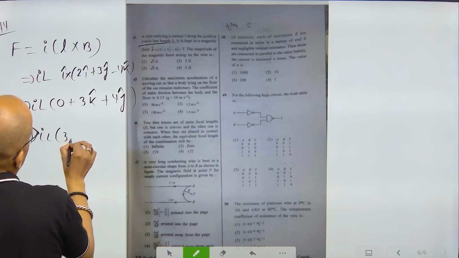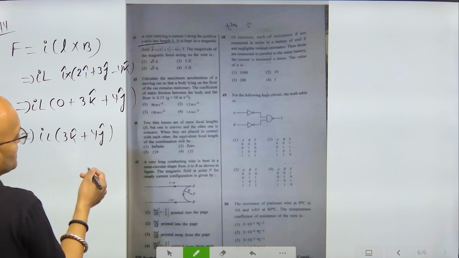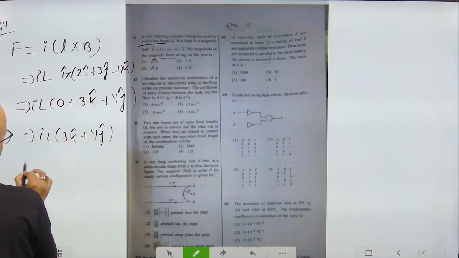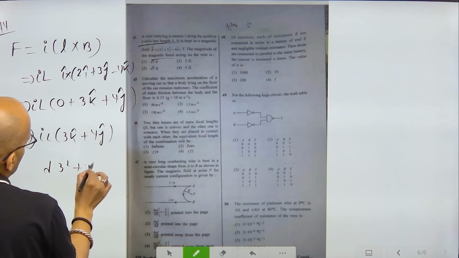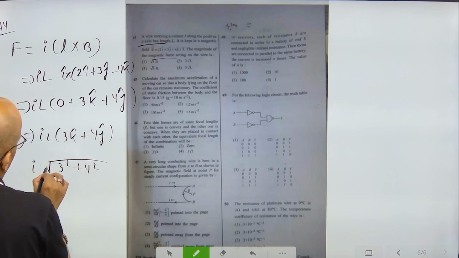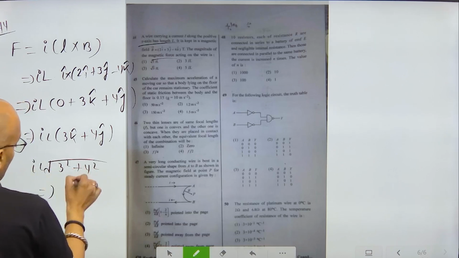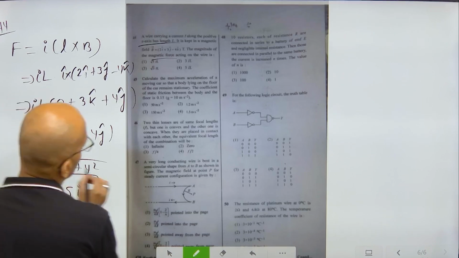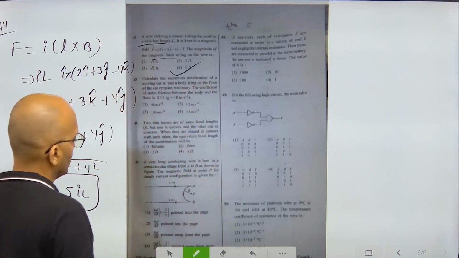IL 3k cap plus 4j cap. Now it is asking magnitude. Magnitude means find out the magnitude, under the root 3 square plus 4 square IL. That is 9 plus 16, 25, square root 5 IL. Option D. Okay.